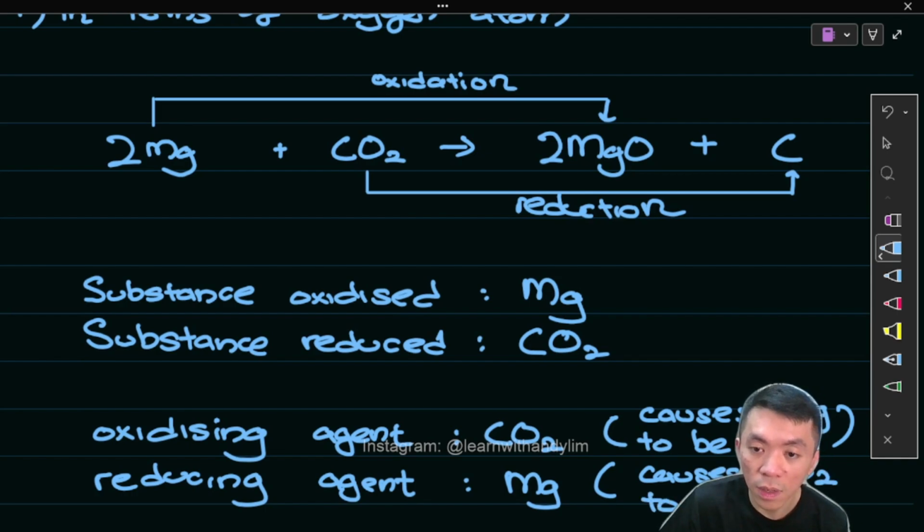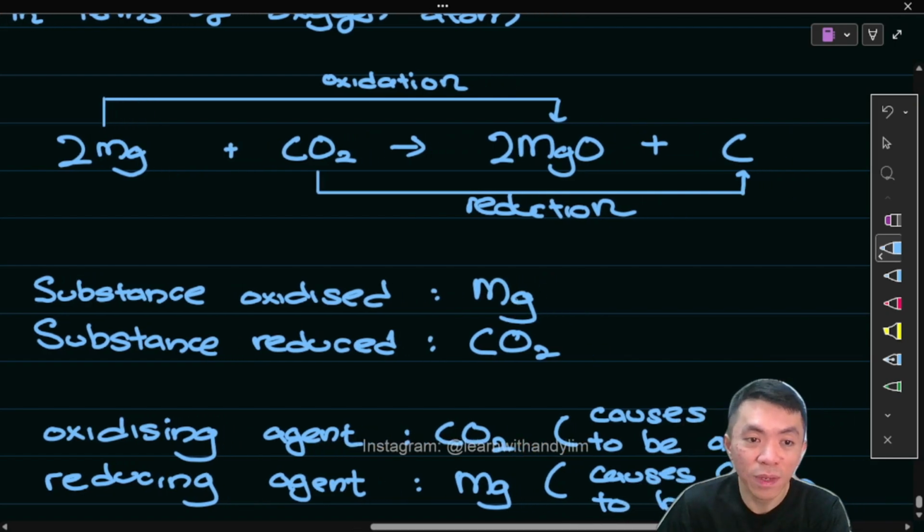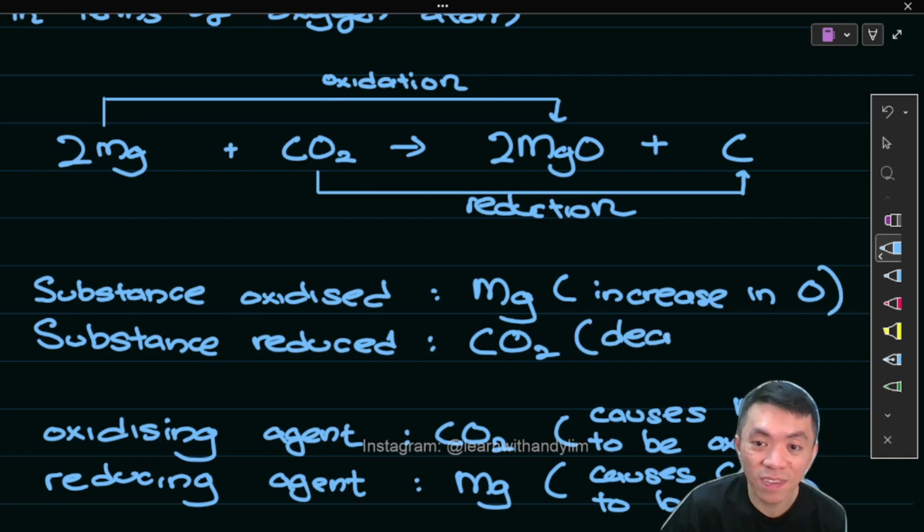How do you tell whether magnesium is oxidized? I can say there is an increase in oxygen atom. For carbon dioxide, there is a decrease in oxygen atom.